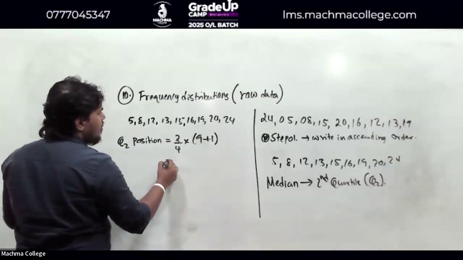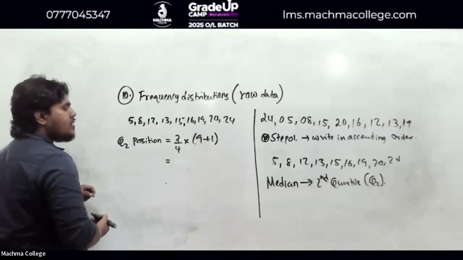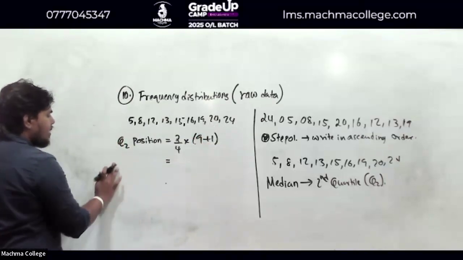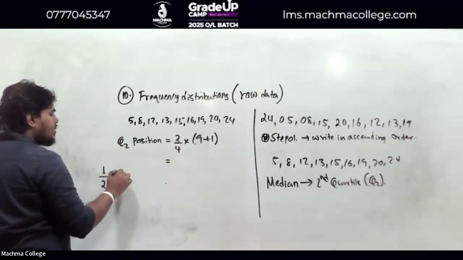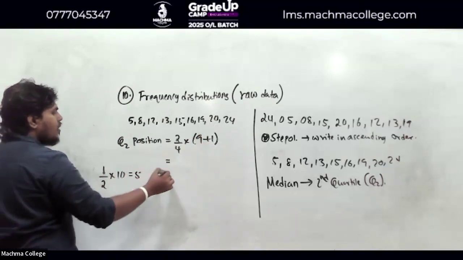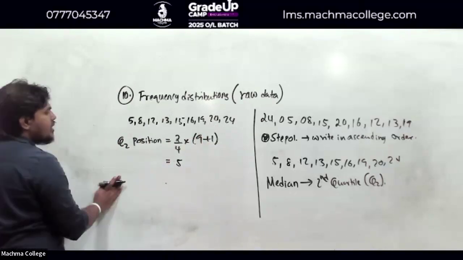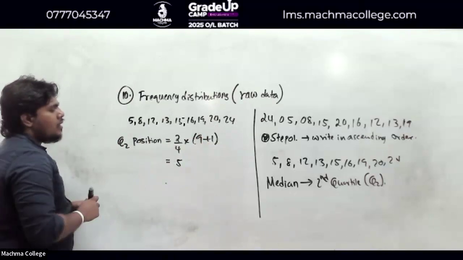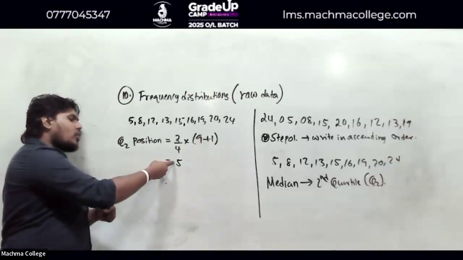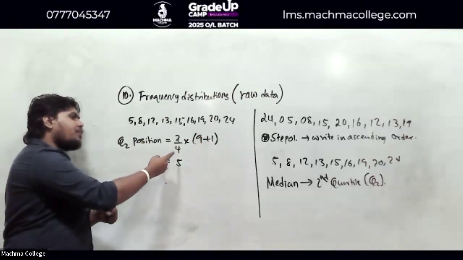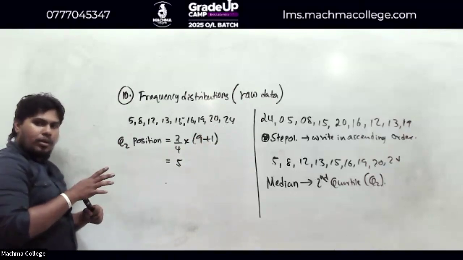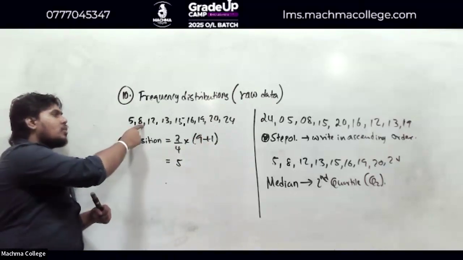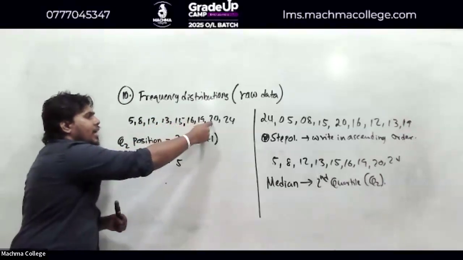Now you can simplify and write the final answer. 2/4 means 2 divided by 2 equals 1, 4 divided by 2 equals 2, so half times 9 plus 1, which is 10, gives 5. Our second quartile position is 5. The second quartile is in the 5th position. After writing it in ascending order, we have 1, 2, 3, 4, 5, 6, 7, 8, 9.